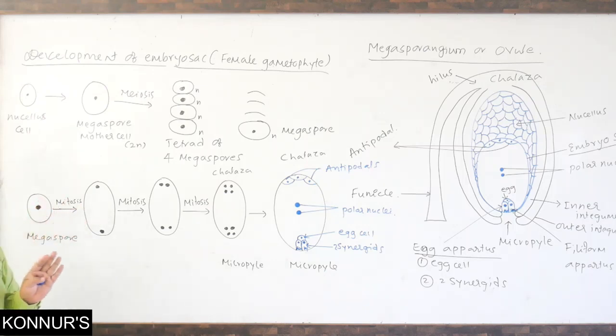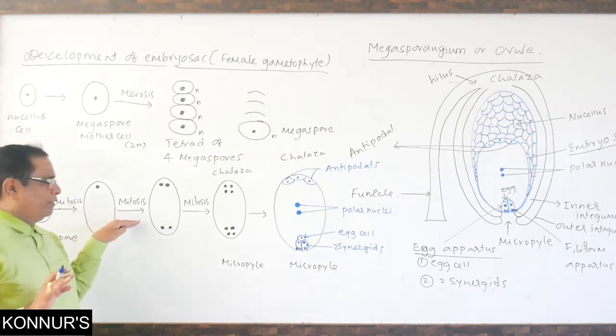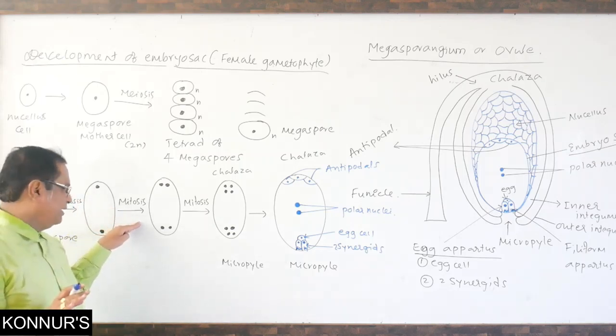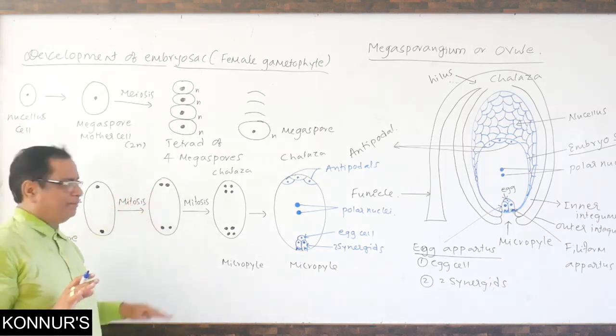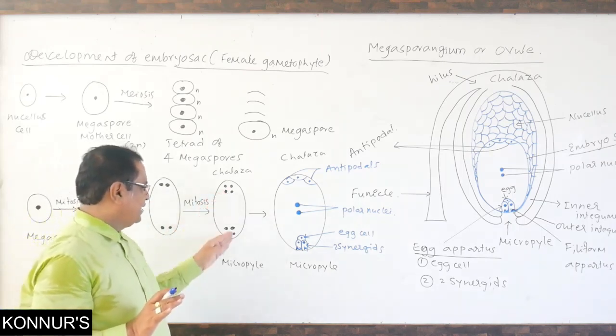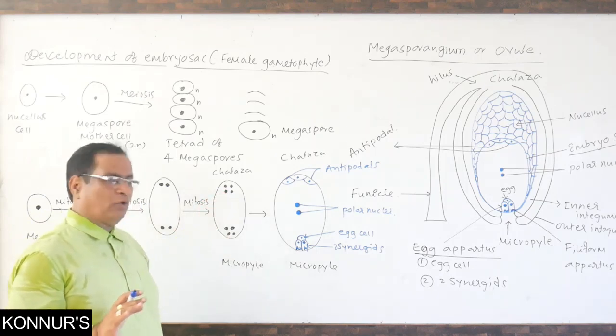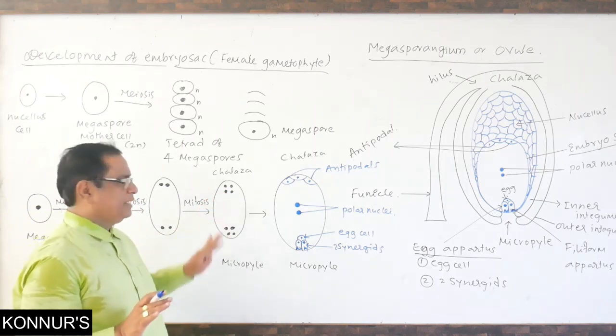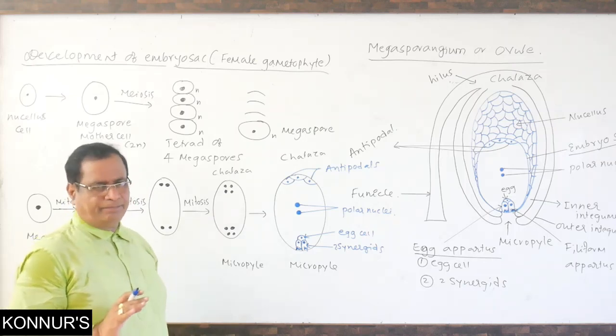Only free nuclear division. By first mitosis, we do have 2 nuclei. When mitosis takes place second time, 4 nuclei. Third time, 4 at chalazal end and 4 at micropylar end. And it is free nuclear division.